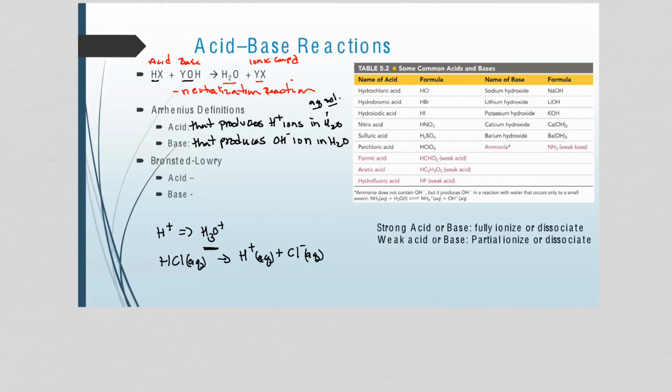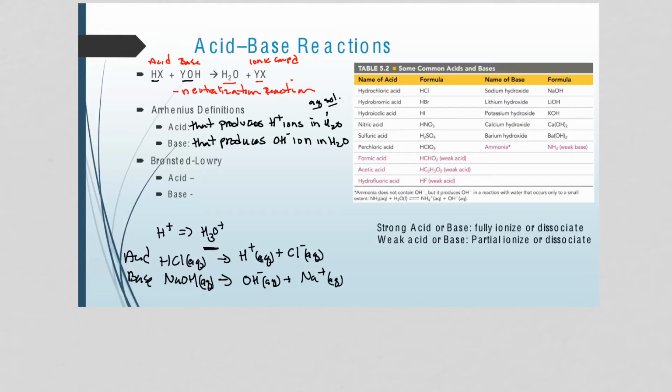Now, if we want to talk about a base, we can use, for example, sodium hydroxide. When that's in aqueous solution, it produces hydroxide ions plus, in this case, sodium cations.